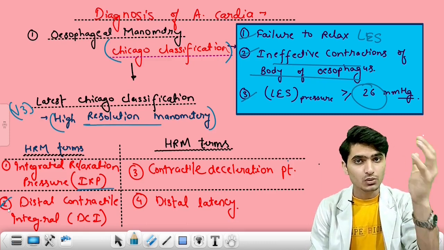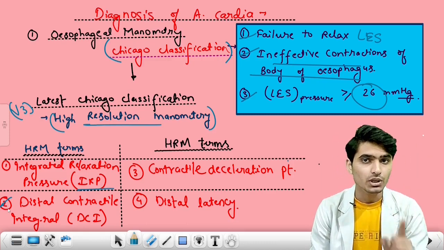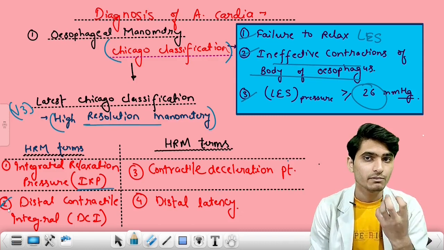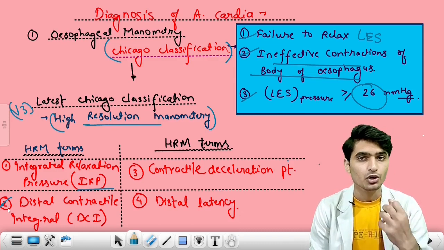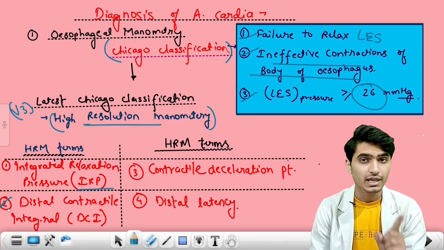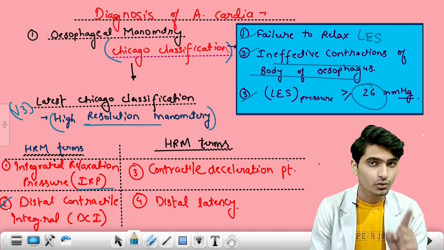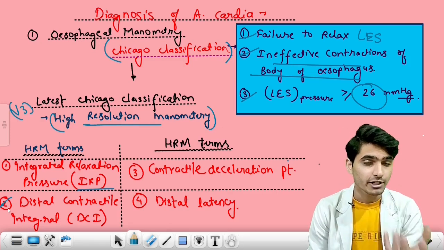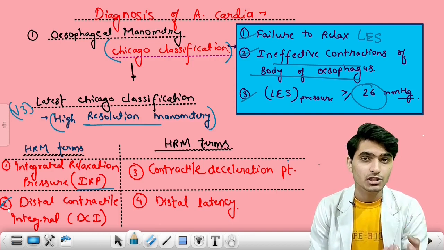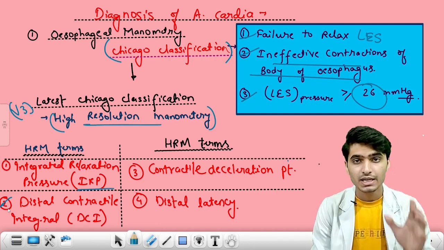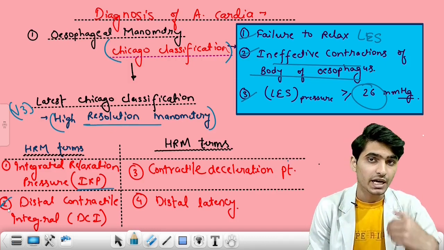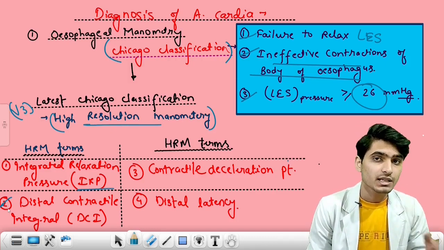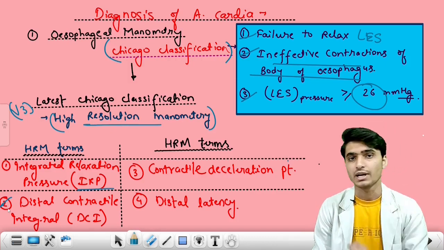Distal to this transition zone, we measure the strength of contraction of the esophagus. Normally we have 450 to 8000 mmHg seconds centimeter as the value of esophageal contraction in normal persons. If it is more, the esophagus is hypercontractile. If it is lesser, then the esophagus is hypocontractile.